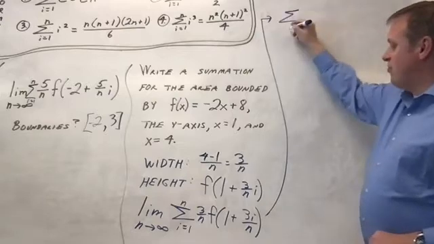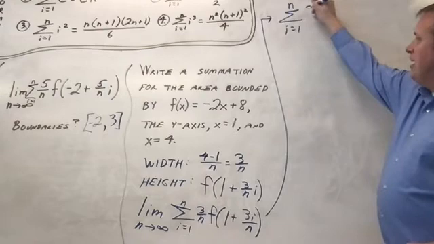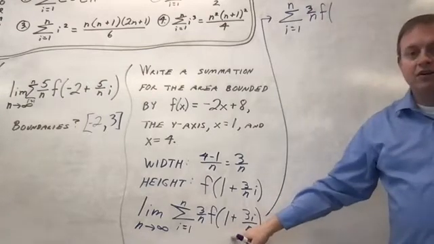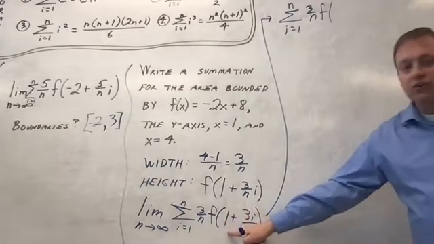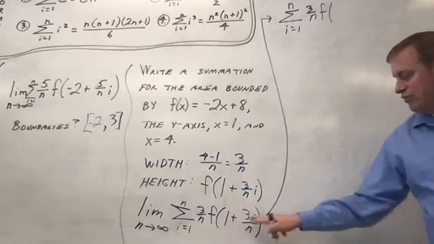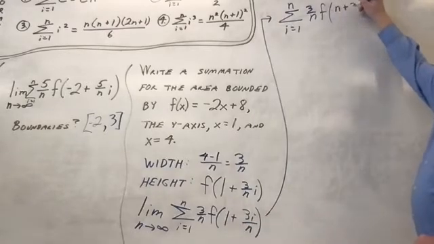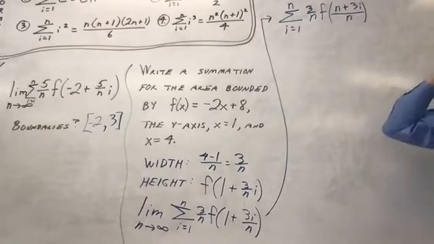But we do need the sigma. So we're still i equals 1 to n of 3 over n, and let's get common denominators here. This is going to be n over n plus 3i over n, and that's going to make this n plus 3i all over n as part of the function.